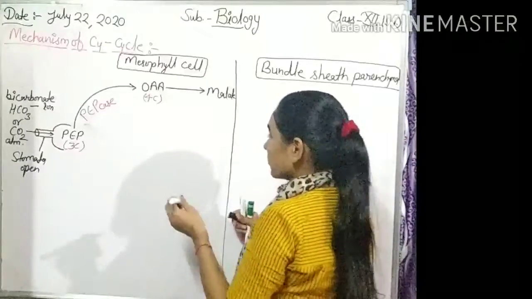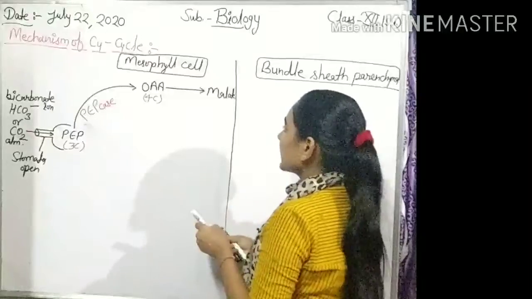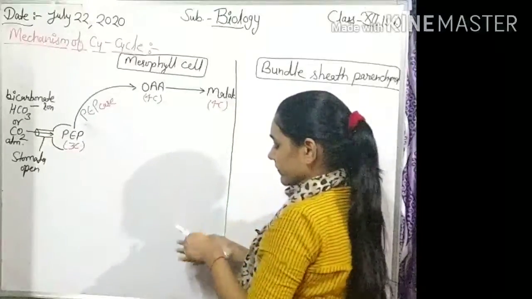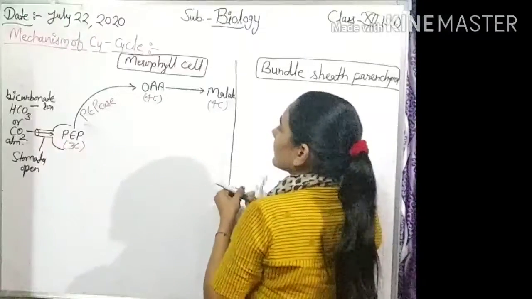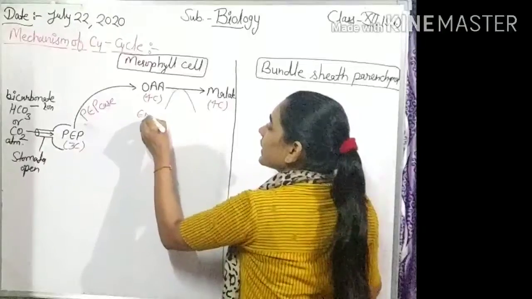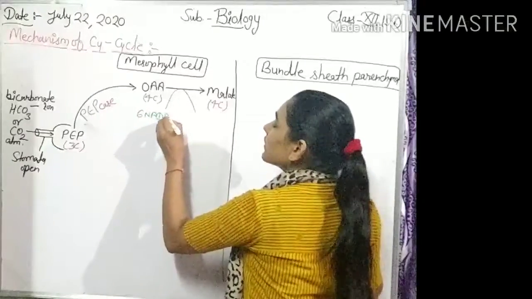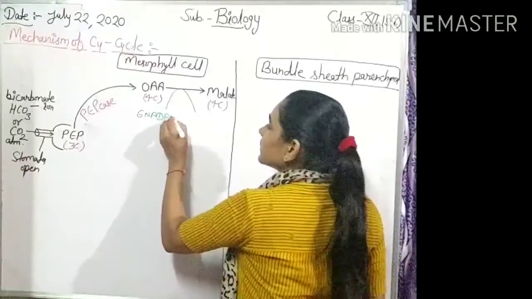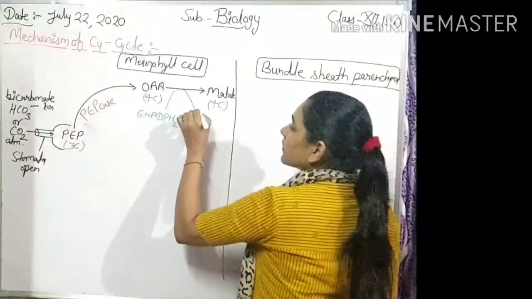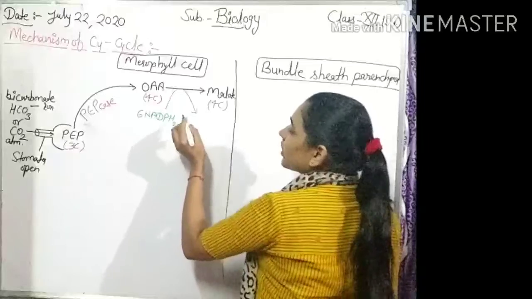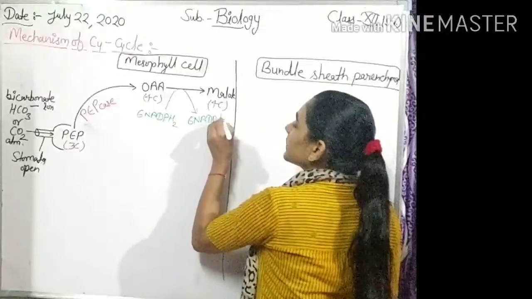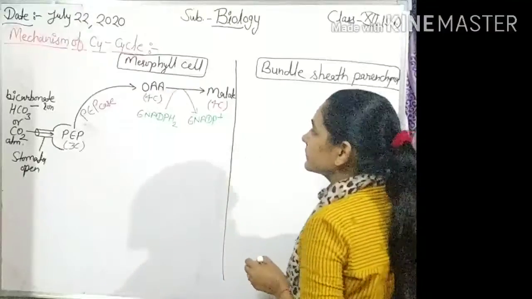Malic acid is also a 4-carbon compound. Here 6 NADPH2 break down into 6 NADP plus.